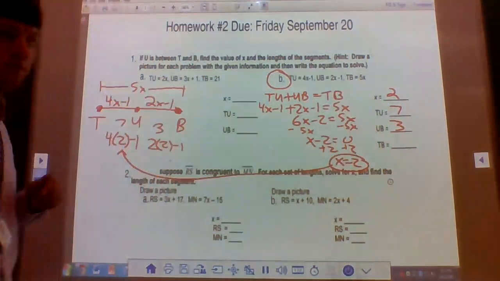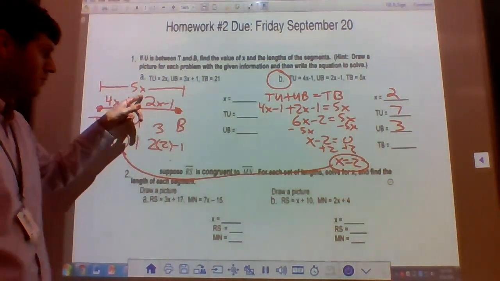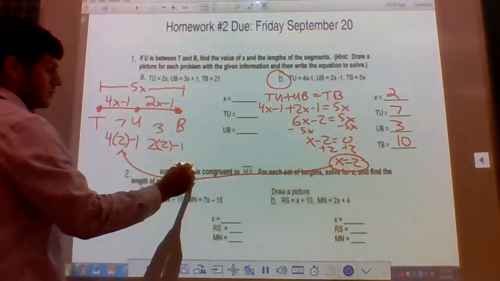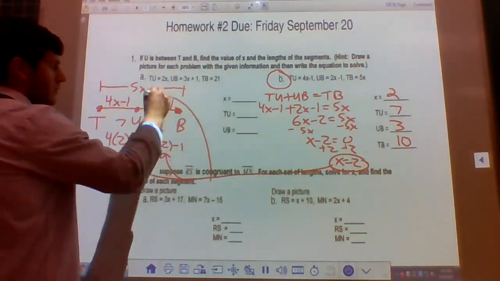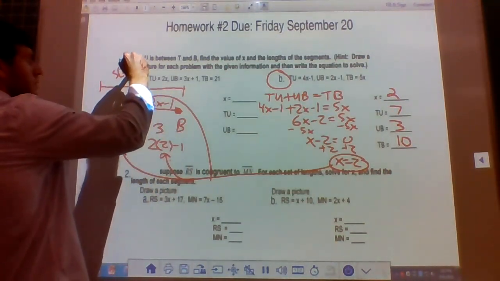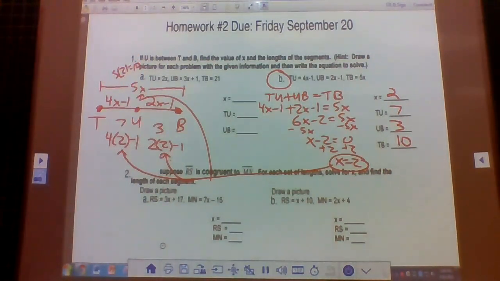TB better be 10. Let's see. 5 times 2 is 10. Right? And then we can also substitute it in up here. 5 times 2 equals 10. So those are the segment addition problems.